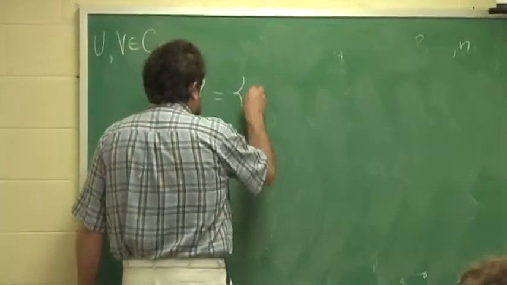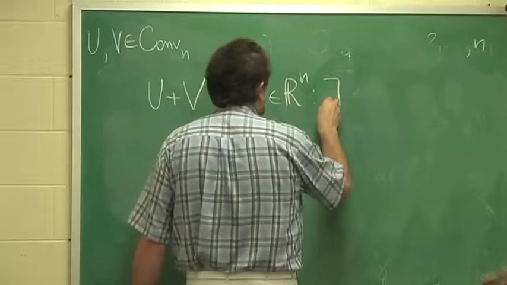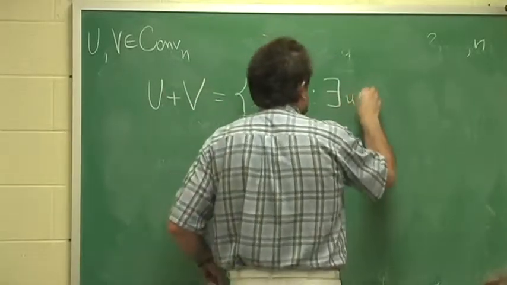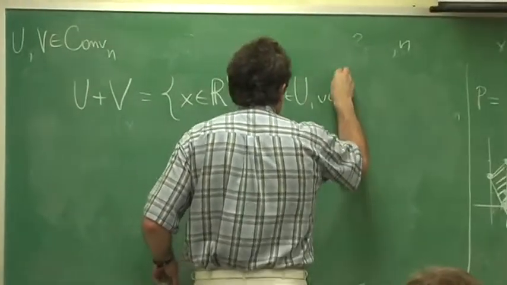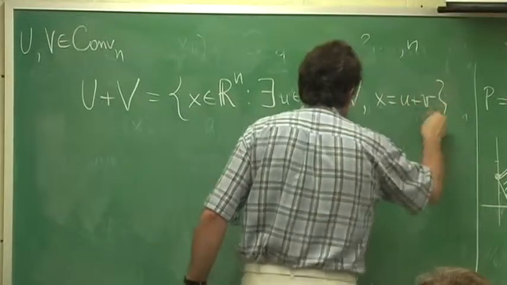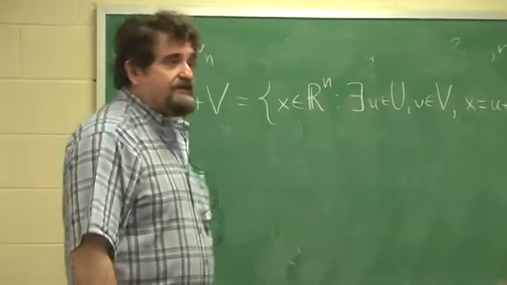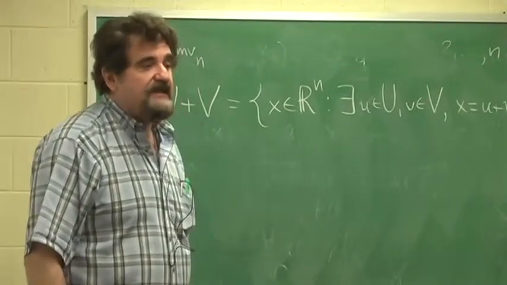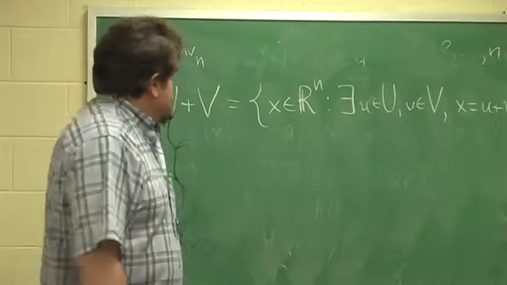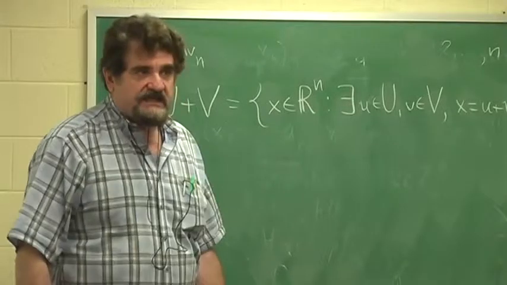It is the set of x's in Rn such that there exist u in U, v in V, such that x is u plus v. Simply take one vector from one body, one vector from another body, add them up, and everything you can get adding them up forms the set U plus V.